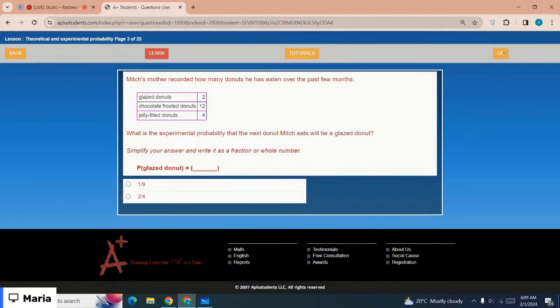So the probability of glazed donut is 2 divided by 18, and 2 divided by 18 equals 1 over 9. That means the probability of glazed donuts is 1 over 9. The correct option is option number 1, that is 1 over 9. Got it?